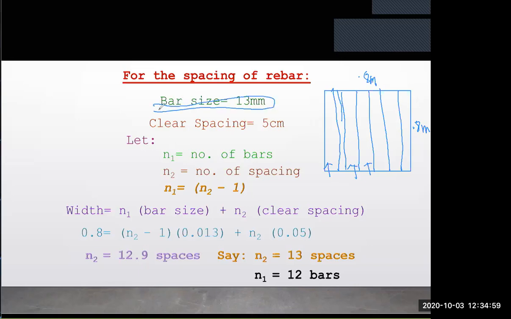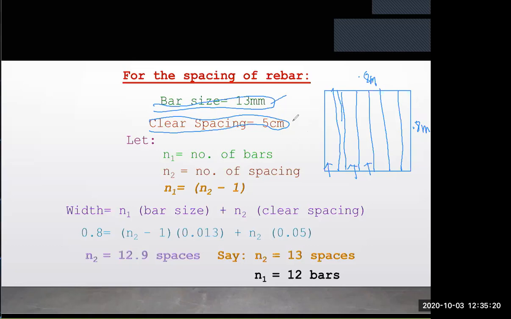So if you want it 12, you can make it as 12. If you want it as 15, okay, pwede din. And then if I want the clear spacing should be 5 centimeters, you will also indicate whether what that spacing is. So we need to determine the number of bars.